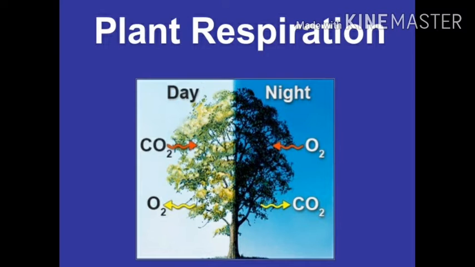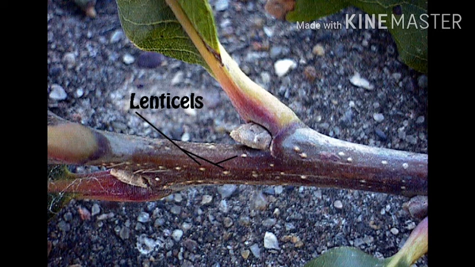Here is the remarkable point: at night, when there is no photosynthesis, no oxygen is released. Apart from this, the carbon dioxide produced in respiration is not used by the plants, so it is released to the surrounding environment.